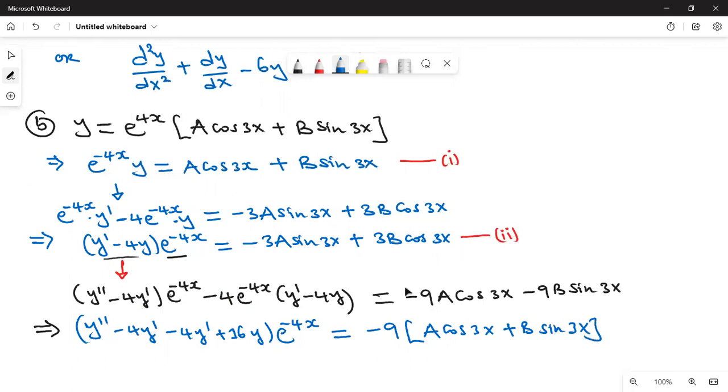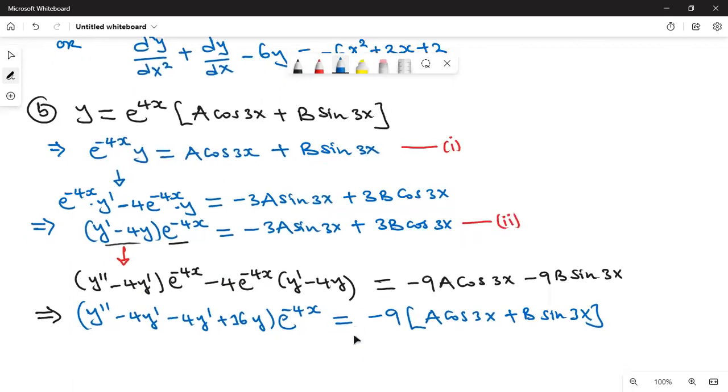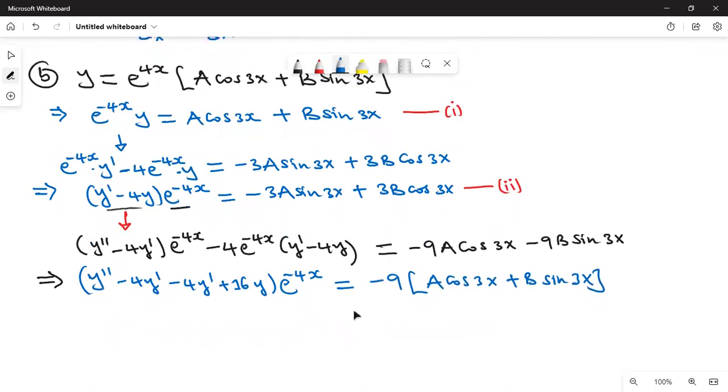And I could simplify the left-hand side further. Let me combine those: −4y' and another −4y'.